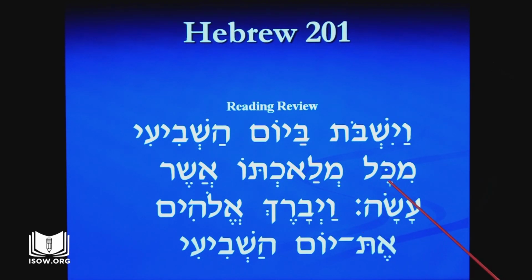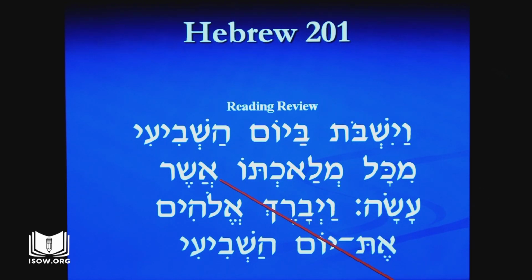So we got the K sound here, as in mikal. Here we have the chaf sound as in melachto. And so here's what I'm trying to emphasize: to be able to quickly identify these letters, and particularly the ones that have look-alikes, and know what sound they're going to get. Understanding, once again, it's going to take some practice.